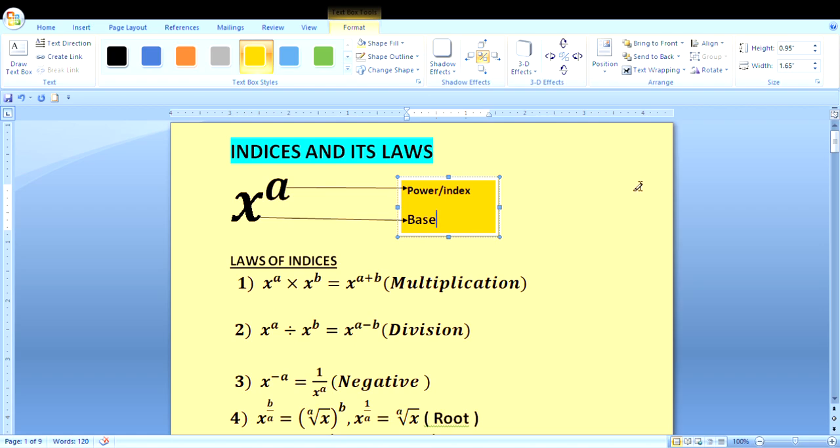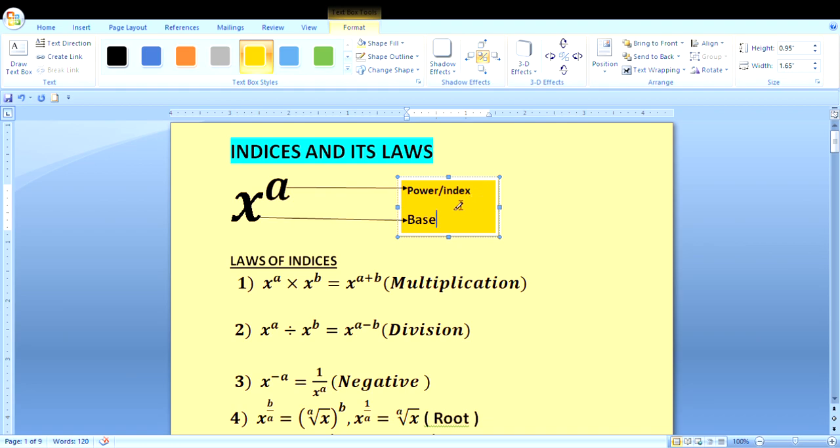Today in today's class, we're going to look at an introduction to indices and the basic laws and their operations. So here, let's take a look at what we have. We have x raised to the power of a, and in indices, the x here is referred to as the base, while the a here, if it is 1, which is singular, is either called a power, index, or exponent.